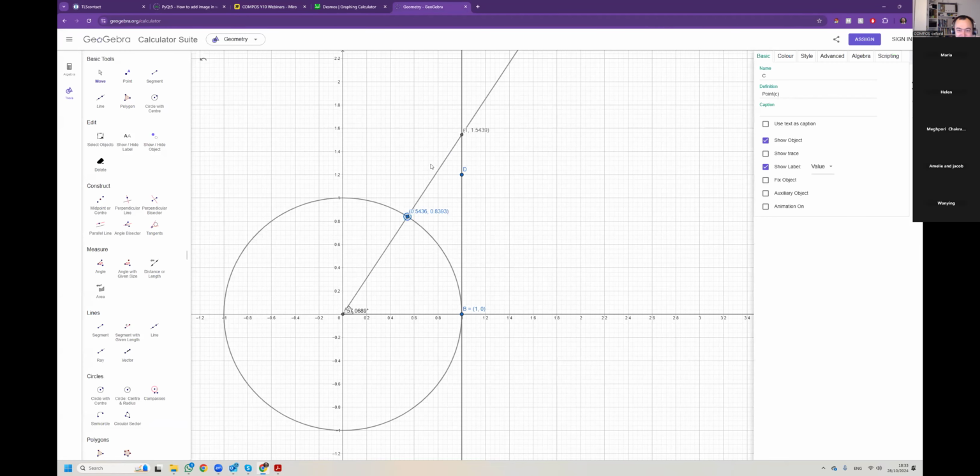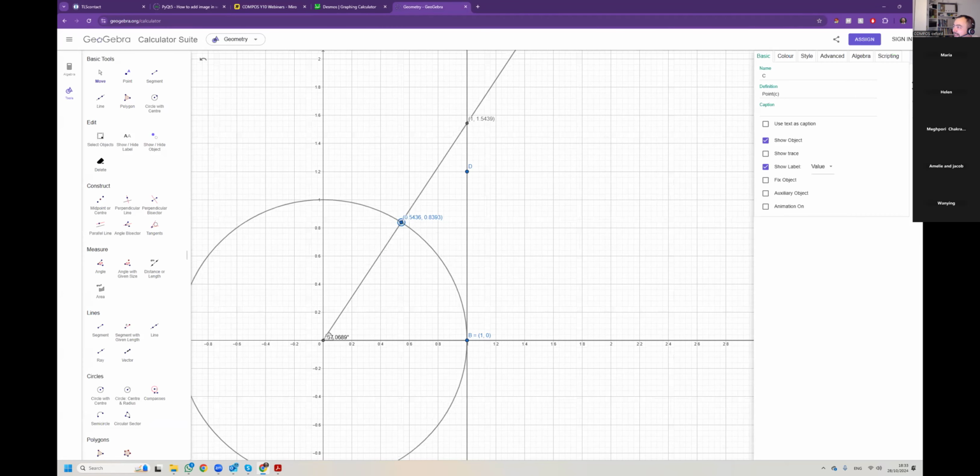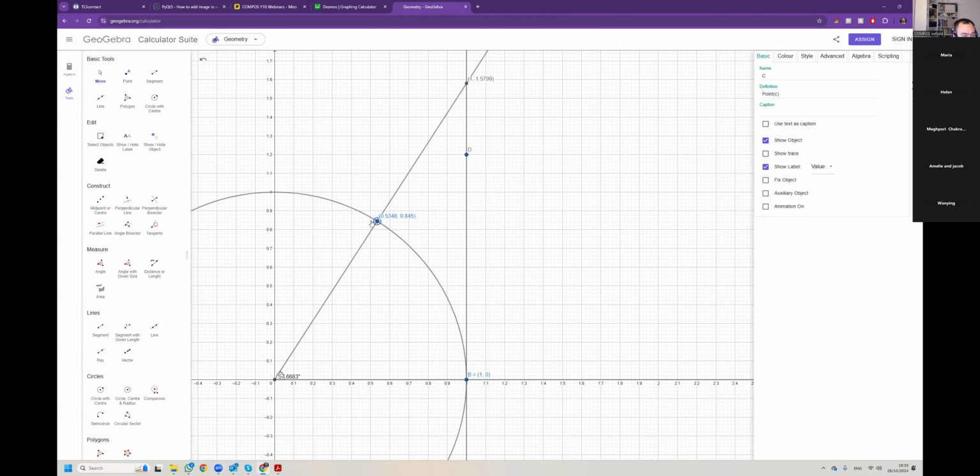Do play around with it if you can. Build this. It's not very hard. You just move this point, and then you can find the tangent of any angle. For example, tangent 45 degrees is 1.